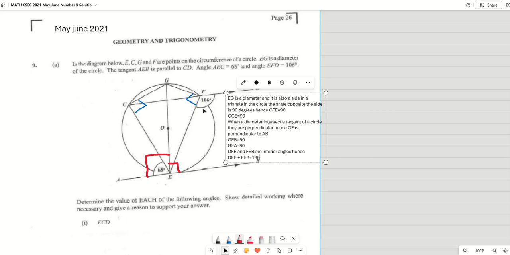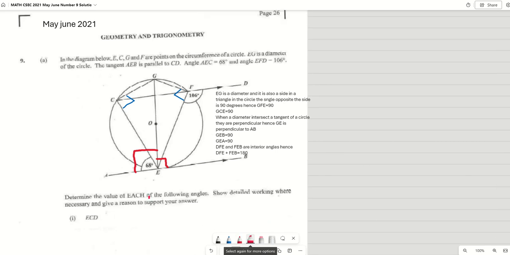So this angle here, which is 106, and this angle here, when you add them together, should equal 180. Is there anything else? No. That is all the rules that we can denote from this.